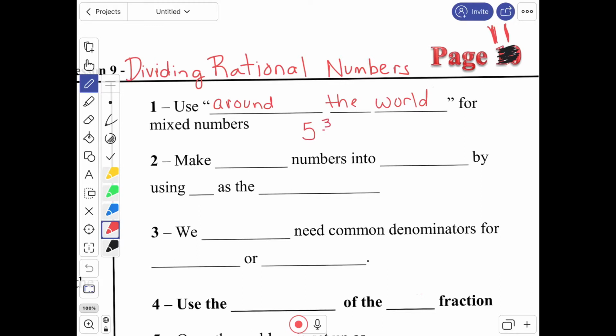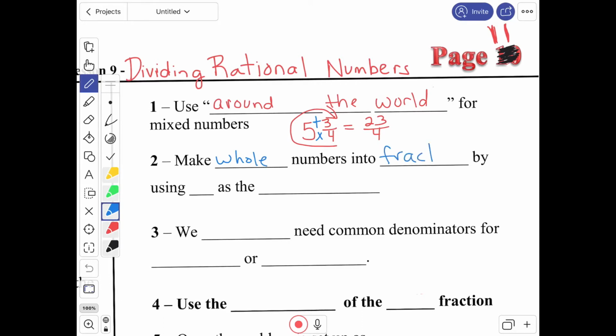to change mixed numbers into improper fractions, like 5 and 3/4. We multiply 4 times 5, and then we add 3. So that's 23 over 4. We go around the world.